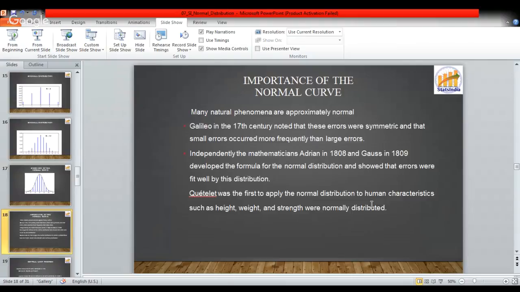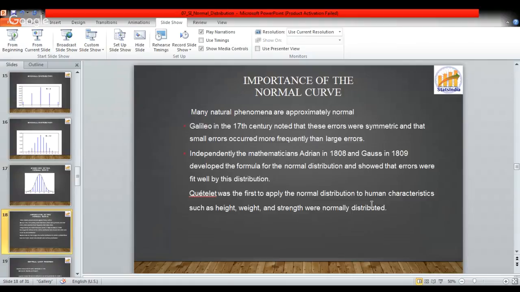The same thing was observed independently by Gauss and Adrien, by both these mathematicians in 1809 and 1808.